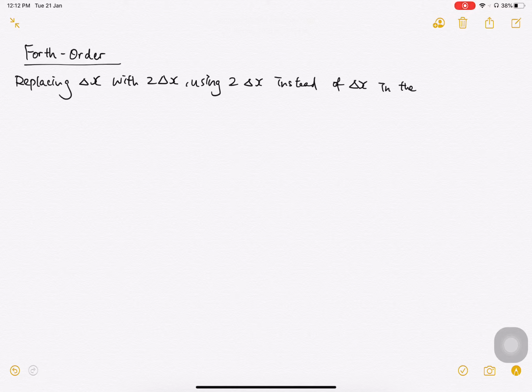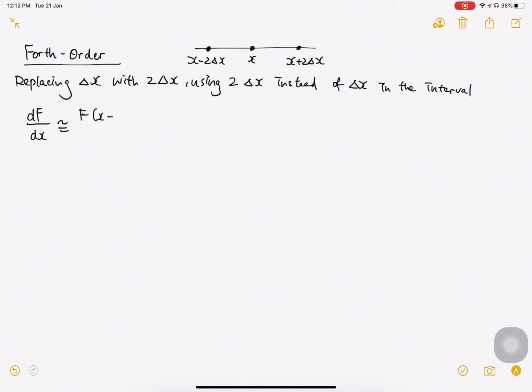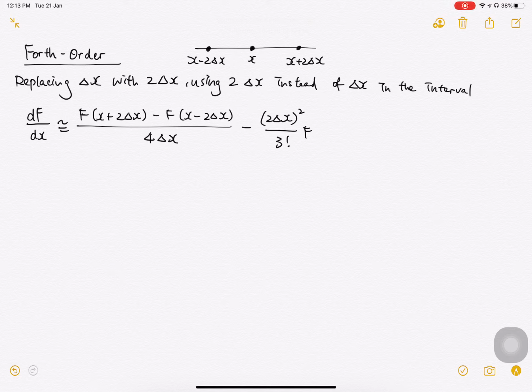So now the interval, if you're here, is x minus 2 delta x and x plus 2 delta x. So it's pretty easy, you just rewrite everything. Rewrite the delta x with 2 delta x, f plus 2 delta x minus, so this is still center differencing, but with the interval of 2 delta x.